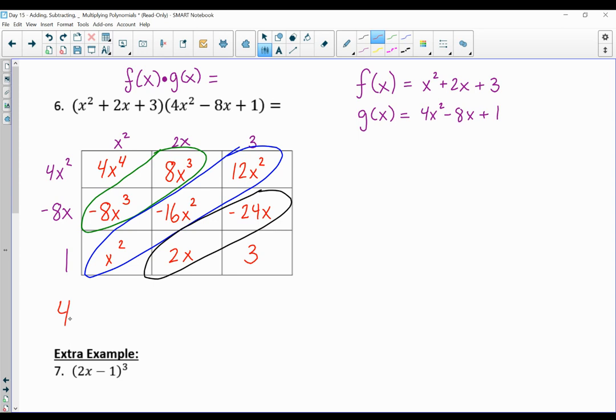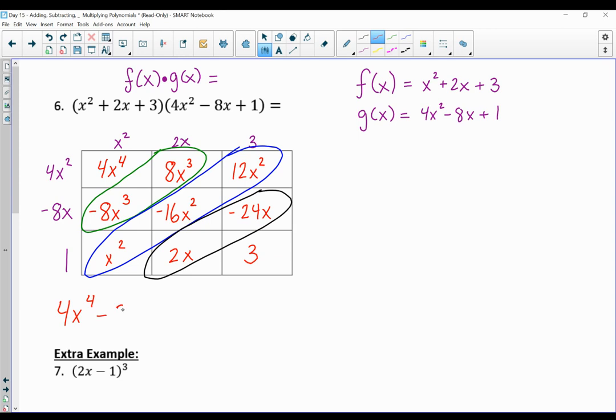So I have 4x to the 4th. Negative 8x cubed plus 8x cubed is just 0x cubed. So that's just 0, right? In this second line of the diagonal, I have x squared, negative 16x squared, and 12x squared. So that gives me a positive 13x squared minus 16x squared.